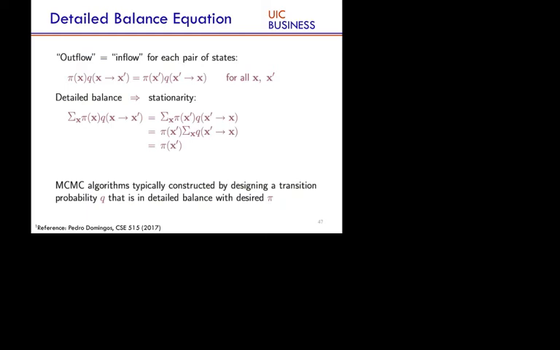So our pi is the p of x. We want to sample from p of x. If I can define a q such that q and p satisfy this equation, I know that p is going to be the stationary distribution. So when I run the Markov chain, eventually I'm going to be sampling from the stationary distribution, and so I'm going to be sampling from p of x.